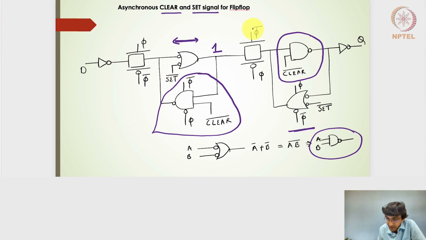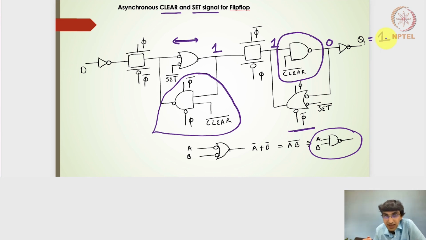So during the negative level of the clock, this transmission gate will pass the 1 here. And then this one particularly will give the 0 here, assuming that the clear is not at all pressed. So again, the condition is, if the set is pressed, the clear will be depressed. And if the clear is pressed, the set will be depressed. Right. So this 0 will be passed and then the output will be 1.